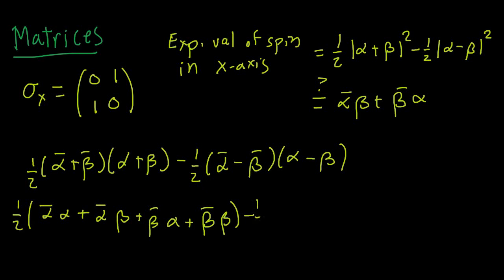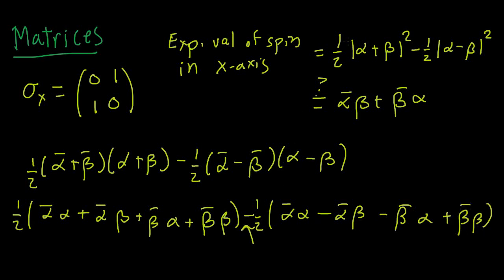And these 4 terms are alpha bar alpha minus alpha bar beta minus beta bar alpha plus beta bar beta. And notice that there's a minus sign right here.